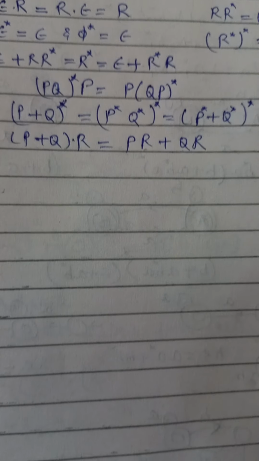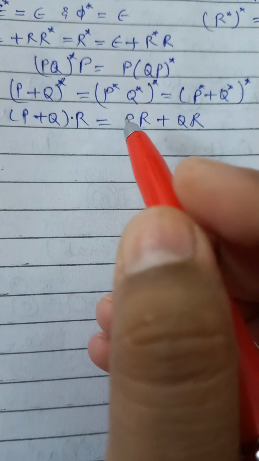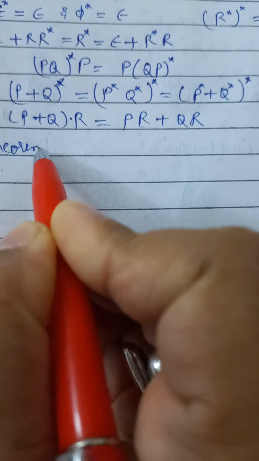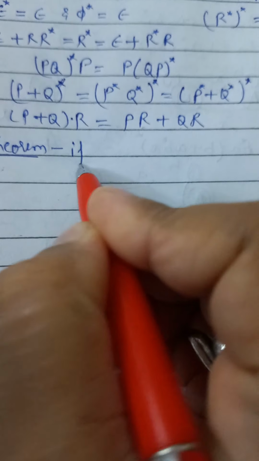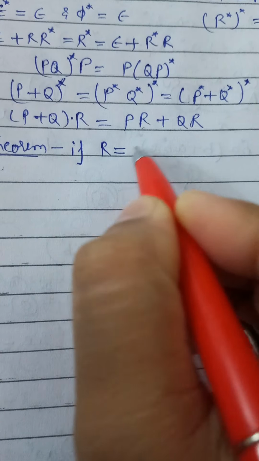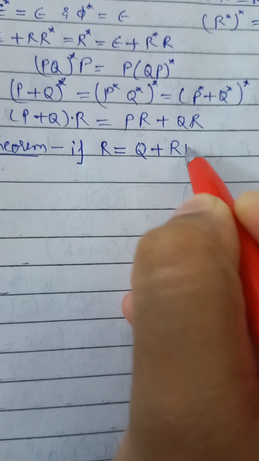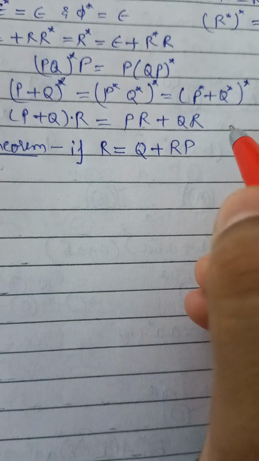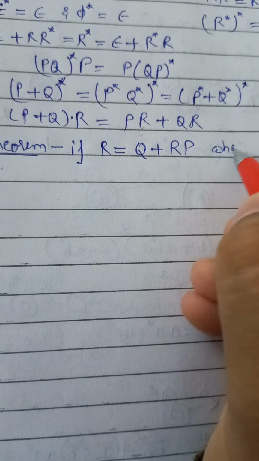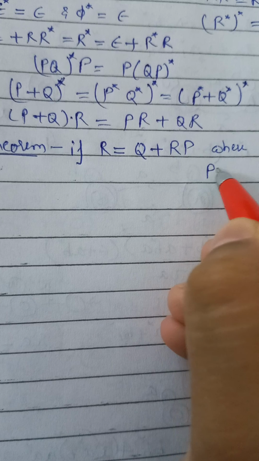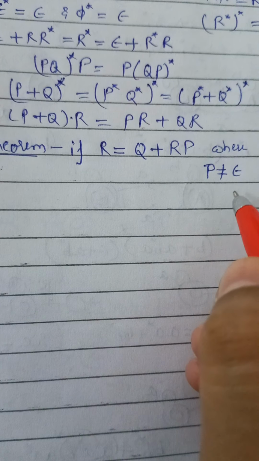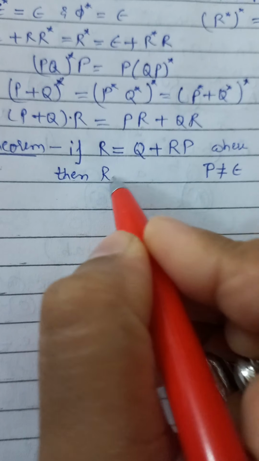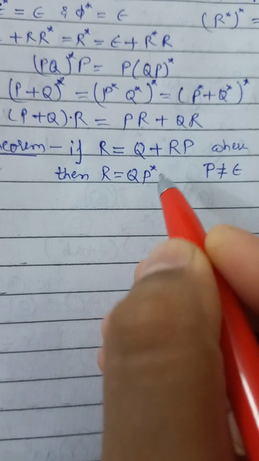Now let us start with Arden's theorem. What is the theorem exactly? If r is equal to q plus rp, where p is not equal to epsilon, then r is equal to q p star.